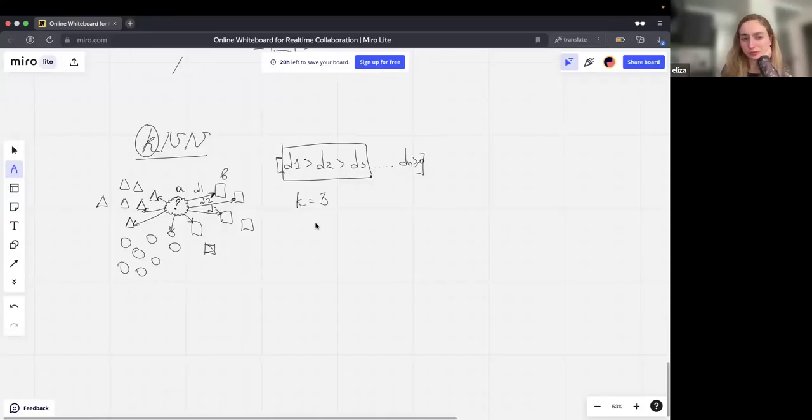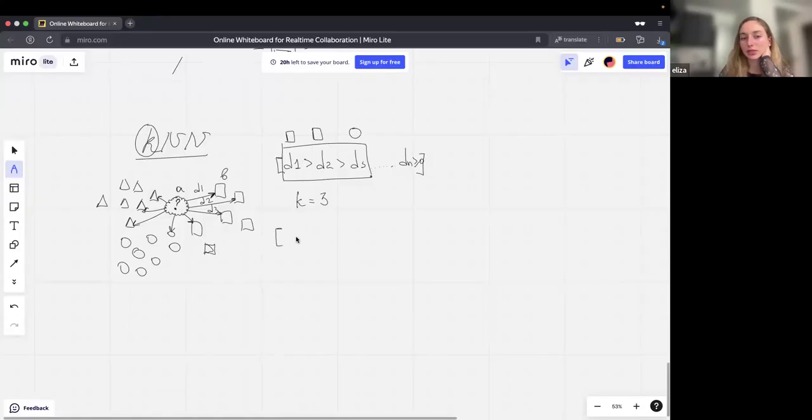And the next step, you need to look at these three distances. For example, this is a square, and this is a circle, and you see that you have two squares. Maybe your mysterious object is a square.